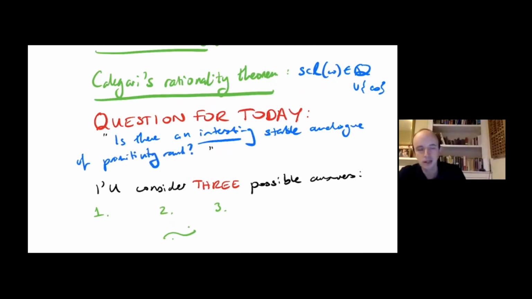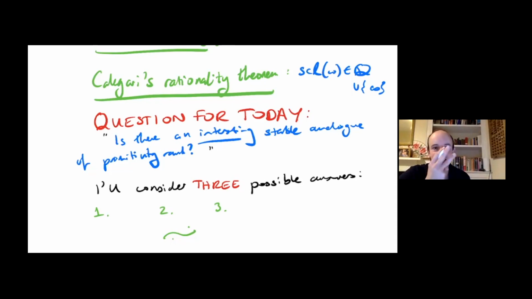Okay. So commutator length has these two cousins, right? It has the primitivity rank and it has the stable commutator length. And I want to know, is there another cousin, the stable primitivity rank, which is to primitivity rank what stable commutator length is to commutator length? That's my question. And I don't really know the answer to that question.